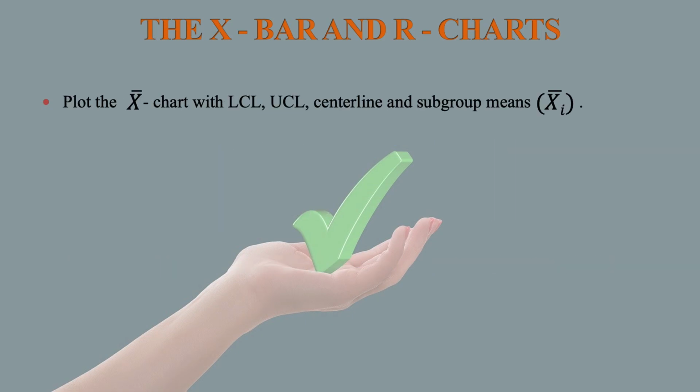Plot the X bar chart with LCL, UCL, center line and subgroup means, that is X bar i.